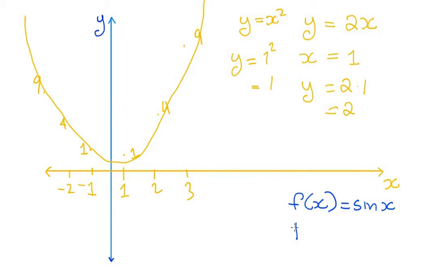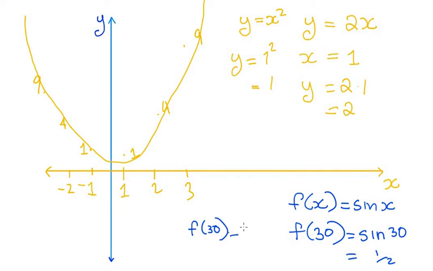So, if we have f of 30 right here, and I am doing this in degrees, we will get sine of 30. And that's equal to 1/2. So, we will get f of 30 is equal to 1/2. This is very useful in many situations, and I will show you.